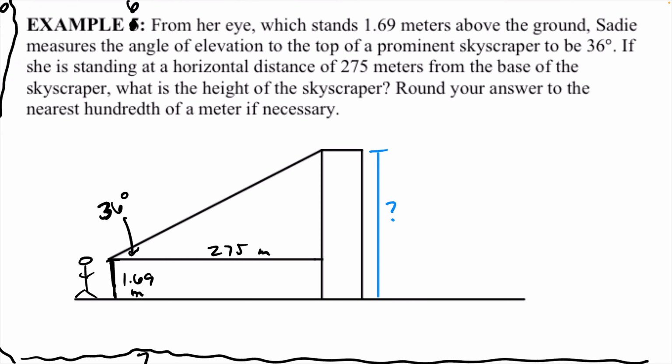Okay, there's a triangle there. The right angle is where her eye line meets the building. Okay? That's the picture. So I don't know how tall the building is, but I do know some of it.